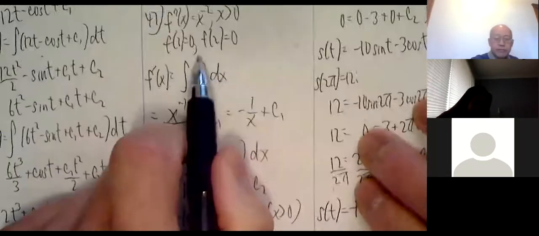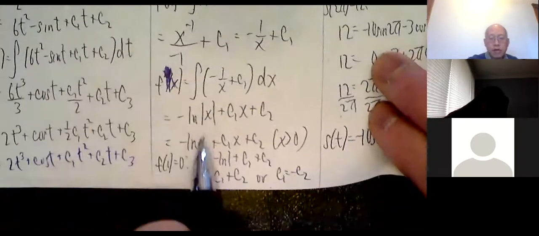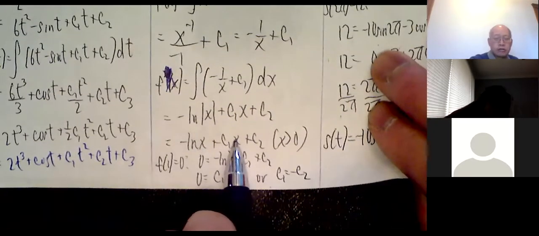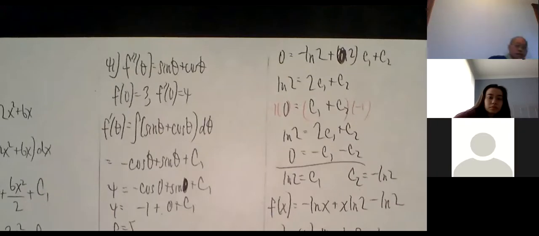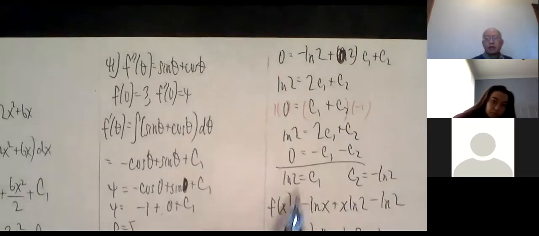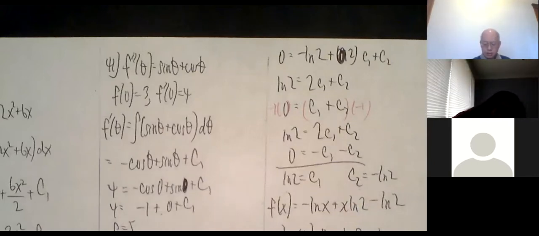Now I need to plug in f of 2 equals 0. So 0 is the answer when I plug in 2 here and 2 there. And I will bring it all the way back up to here now. Okay, so 0 equals negative ln 2 plus 2C1 plus C2.